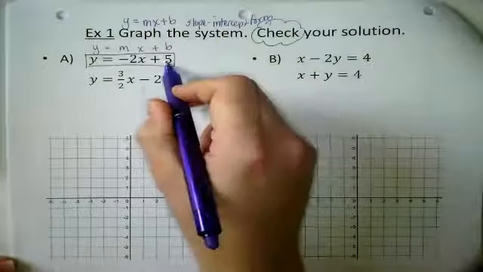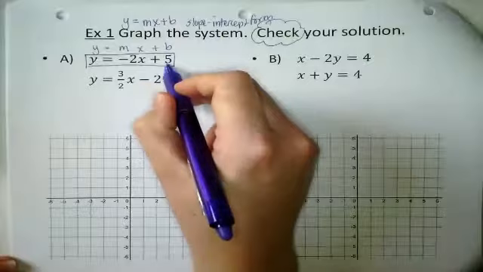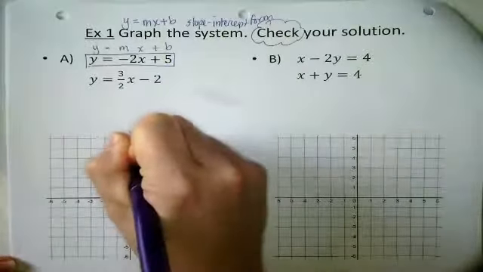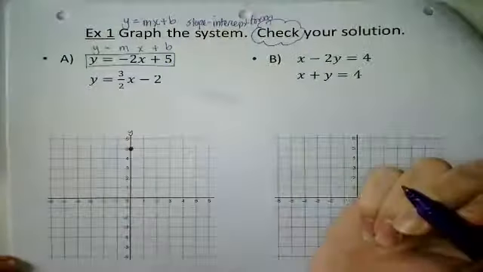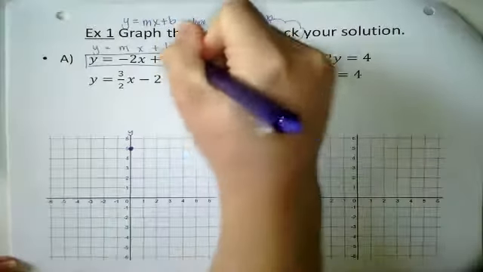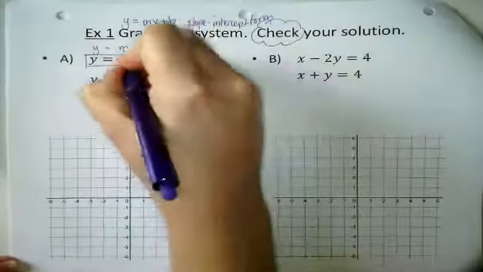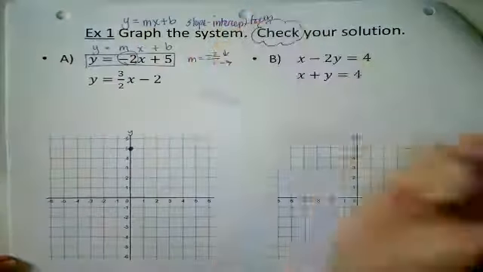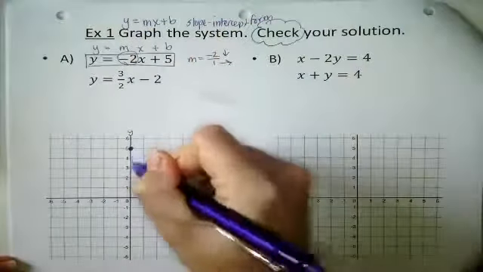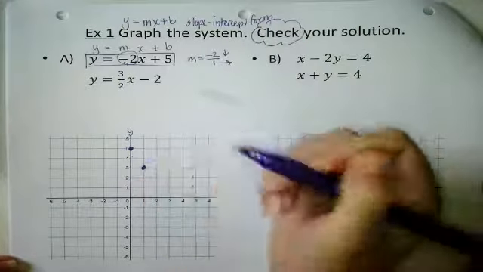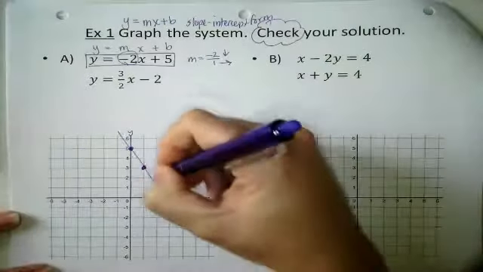This has a y-intercept at 5. So we begin at 5 on the y-axis. You're going to click your y-intercept, and then count the slope. The slope in this case is the number in front of x. So that means down 2 over 1: down 2, right 1. I'm going to move down 2 and then right 1 and make another click. And you'll see the magical line appear.